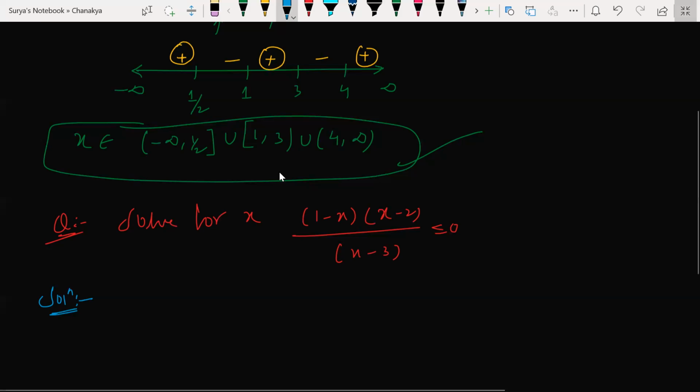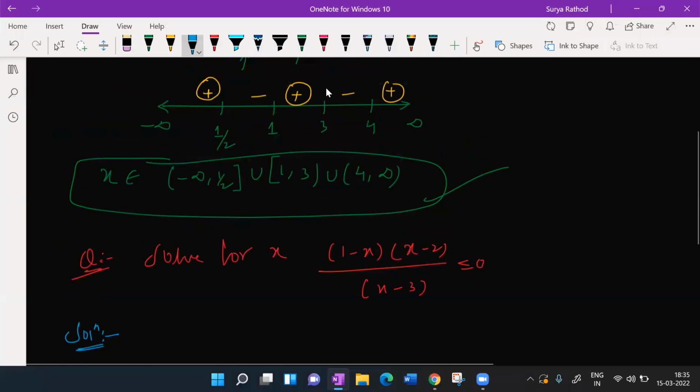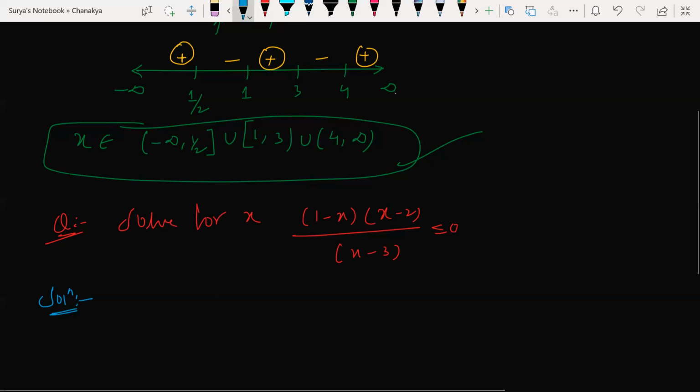What is the answer? How can we solve this? What is the first and foremost step, Tanishk? What is the first step I have to look after?